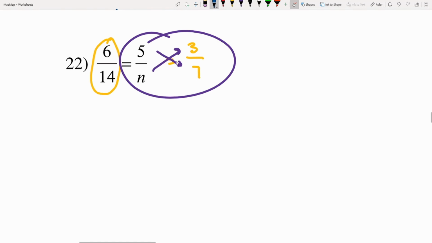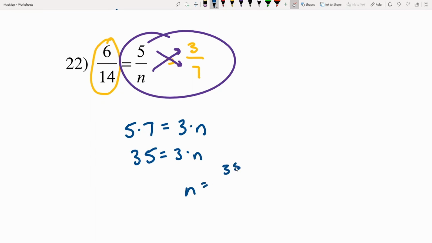So 5 times 7 equals 3 times n. That's 35 equals 3 times n, which means that n is going to equal 35 over 3, which, going to our calculator, 35 over 3 gives us 11.6 repeating.